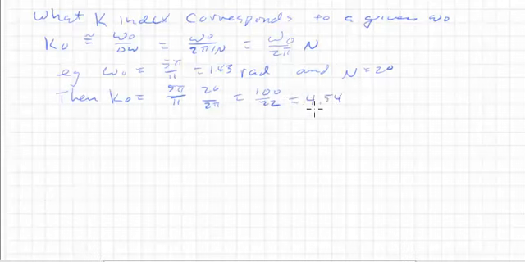Now that's not an integer, so we're going to see that that's problematic. In other words, the peak value of the spectrum is not going to show up at one of the sample locations for the DFT.